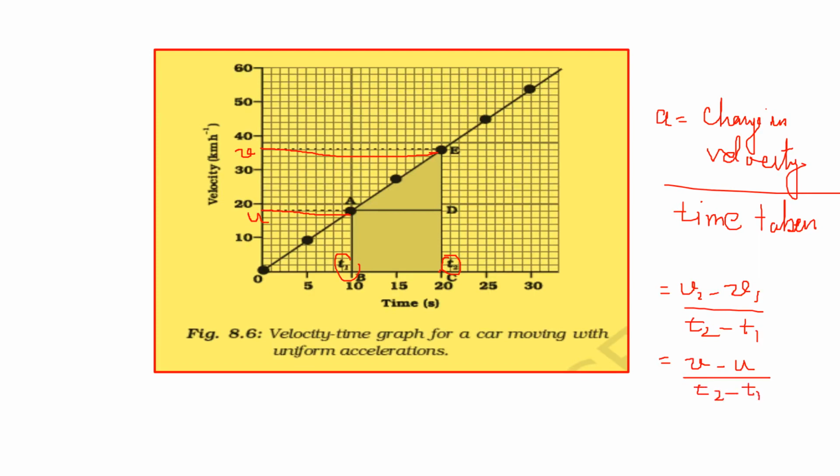Now v is equal to EC, and u is equal to DC. And t2 is this much, t1 is this much. t2 minus t1 is BC.